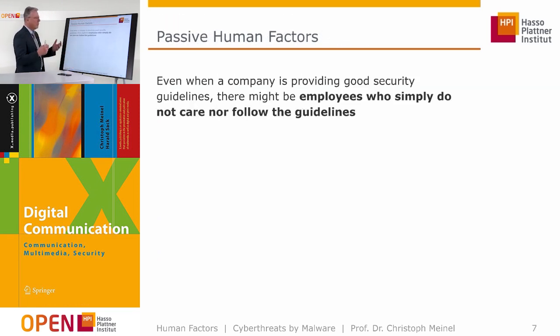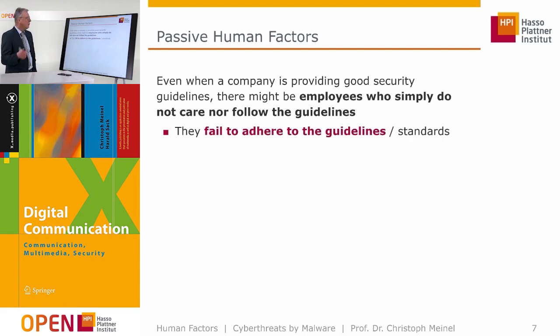If we look at passive human factors, then we have to mention that even when a company is providing good security guidelines, if the employees are not following these guidelines, then the attacker can attack the system of the company in a way that the security guidelines would not allow. There may be employees who simply do not care or do not follow such guidelines in general, and in particular security guidelines.